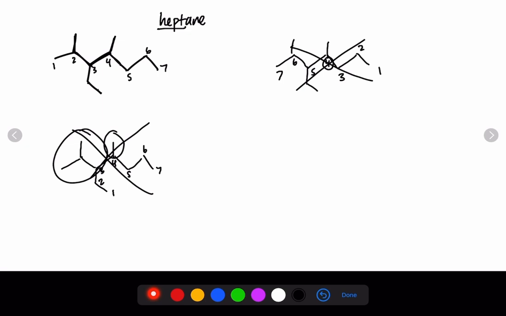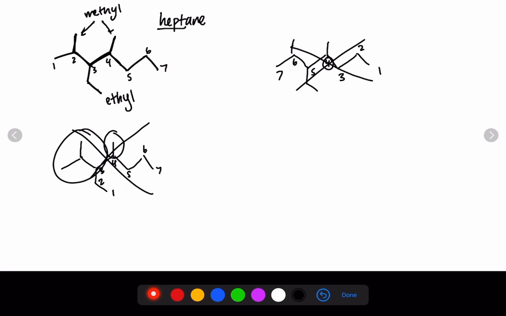Now we have 2 branches that are 1 carbon each, so they're both methyl groups. And we have a branch that is 2 carbons. This will also have the yl ending, and it has an eth prefix for 2 carbons, so we call it an ethyl group.